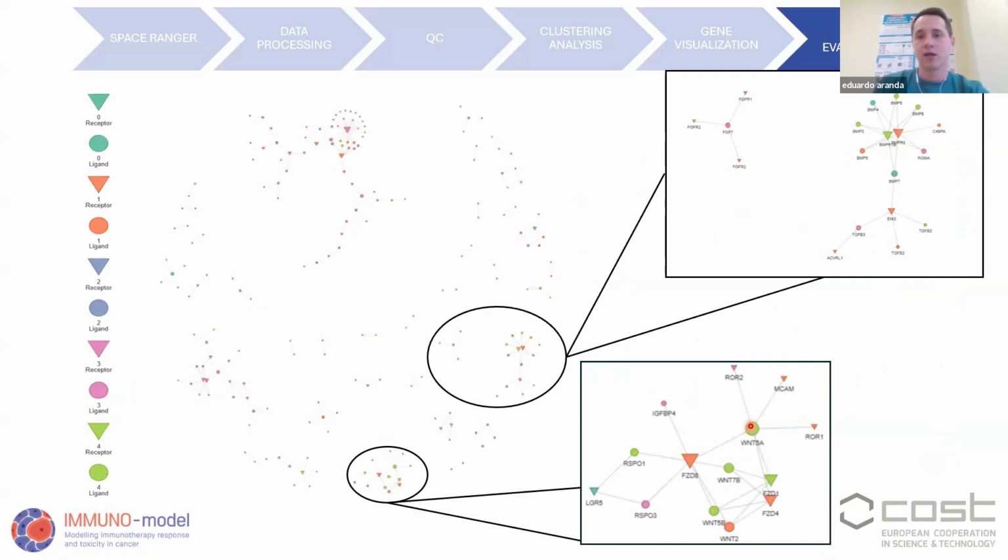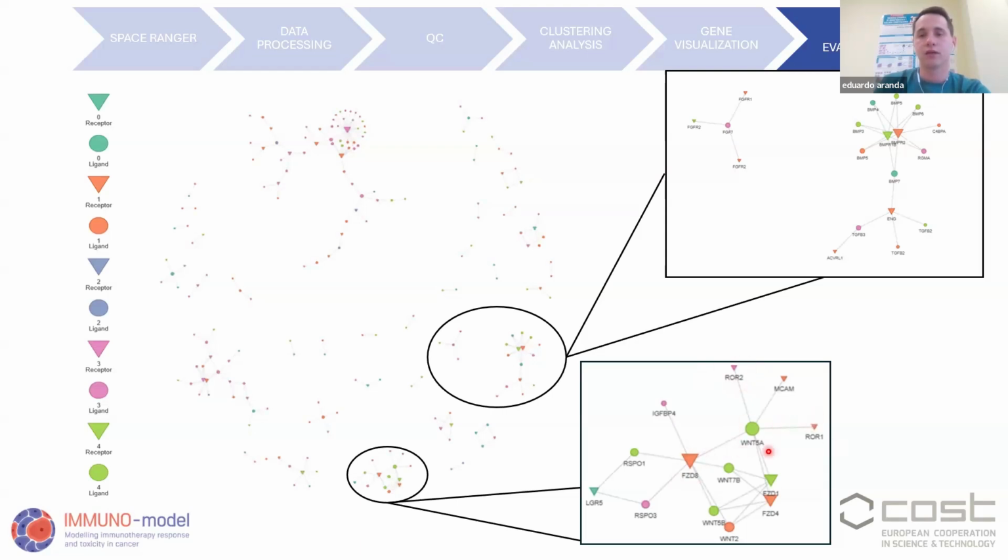For example, here there is the Wnt pathway, the non-canonical Wnt pathway, with its receptor, the Frizzled receptor, and its co-receptors, ROR2 and ROR1.